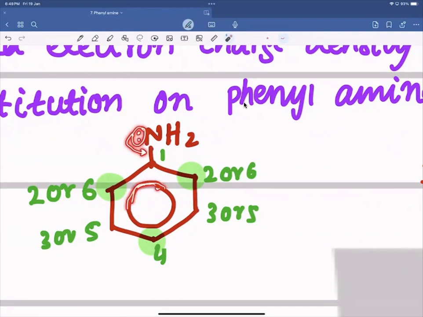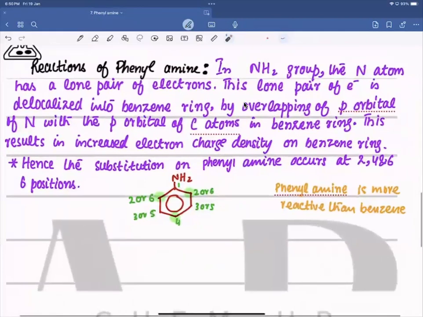The orbital of the nitrogen overlaps with the p orbitals of the carbon in the benzene pi ring. As a result, there is now an increased negative charge density in the benzene ring, and specifically on these positions, which we discussed in phenol as well. So when phenylamine undergoes electrophilic substitution, it will occur at the 2, 4, and 6 positions in phenylamine.